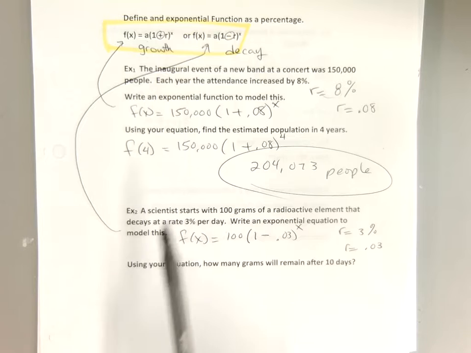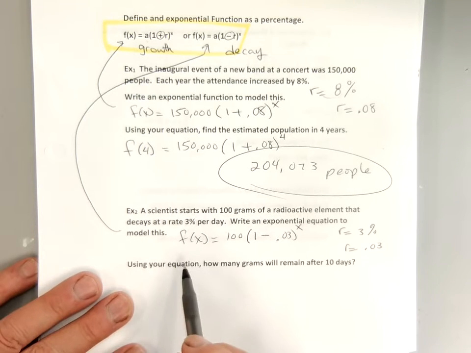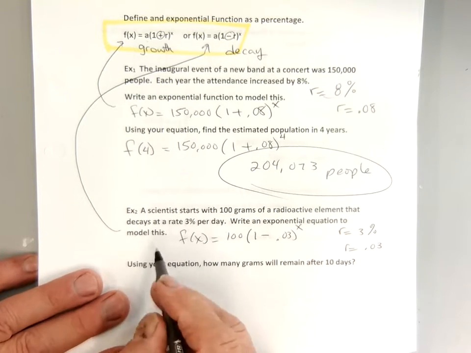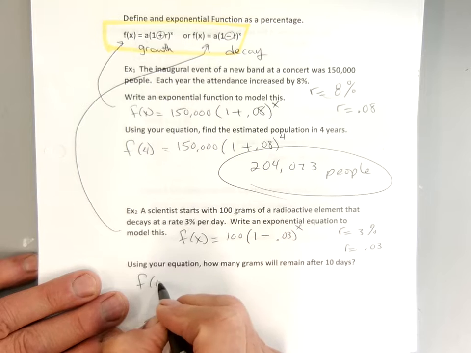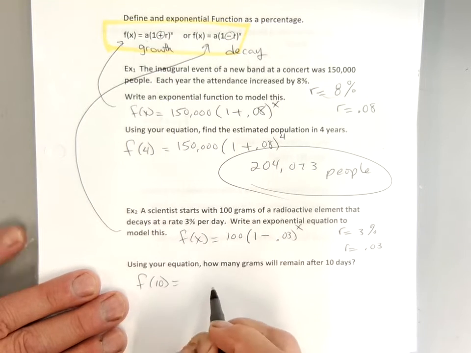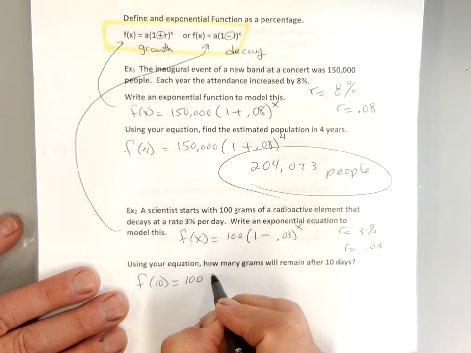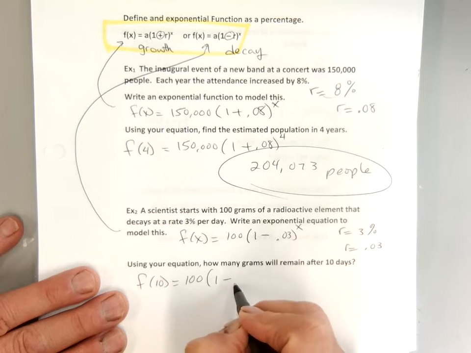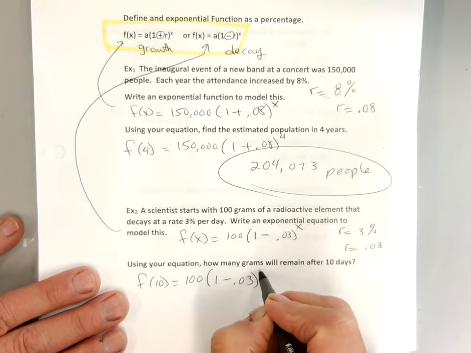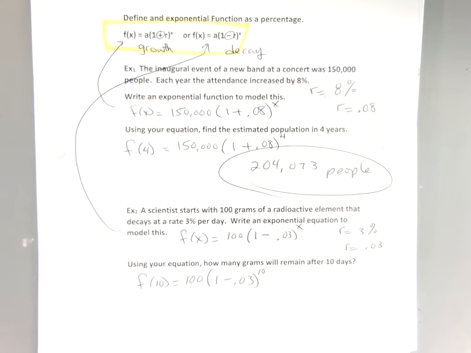Okay, I'm going to put it in there. So now I have an equation. Let's use it for after 10 days. Now this is per day, so for 10 days I'll put in 10. f of 10 is equal to 100 times 1 minus 0.03 to the 10th power. Okay, and I'm going to use my calculator then.